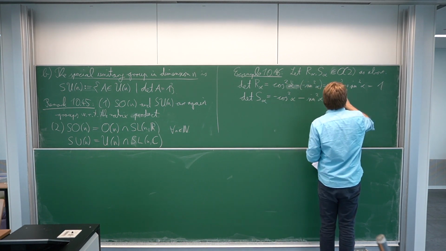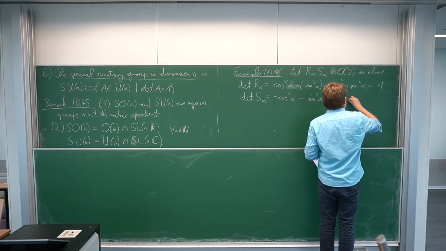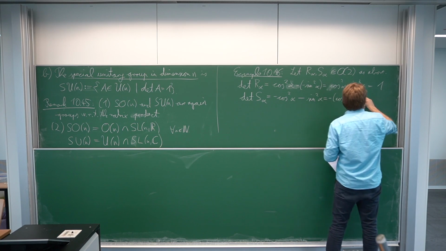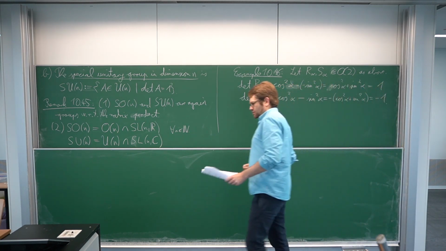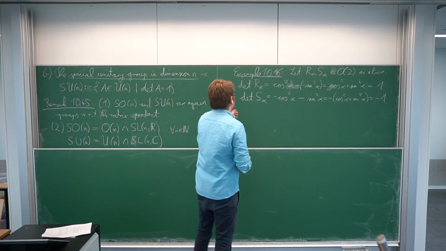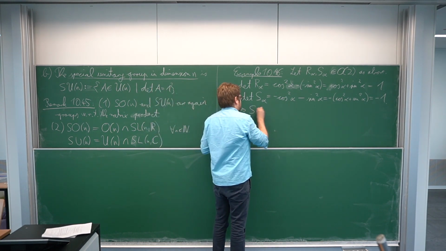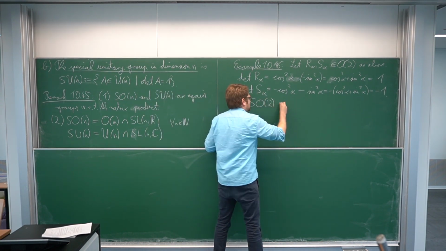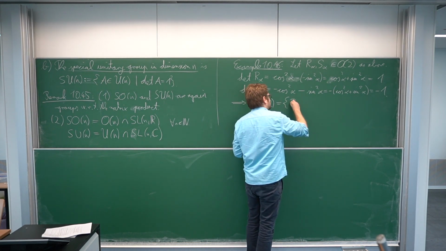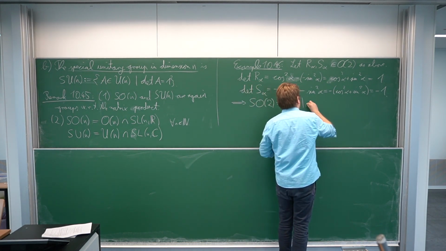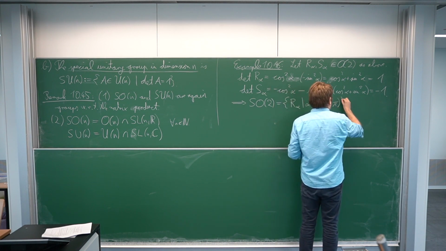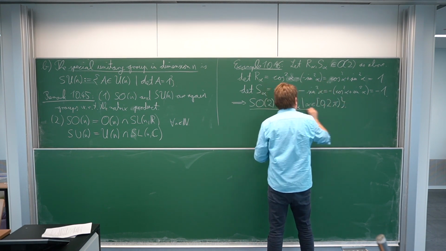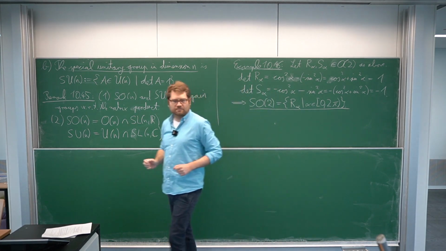So this is minus cosine squared plus sine squared, and this means this is minus 1, so they are indeed not special orthogonal. So it turns out the special orthogonal group in dimension 2 is just the group consisting of all rotation matrices. This gives the special orthogonal group.